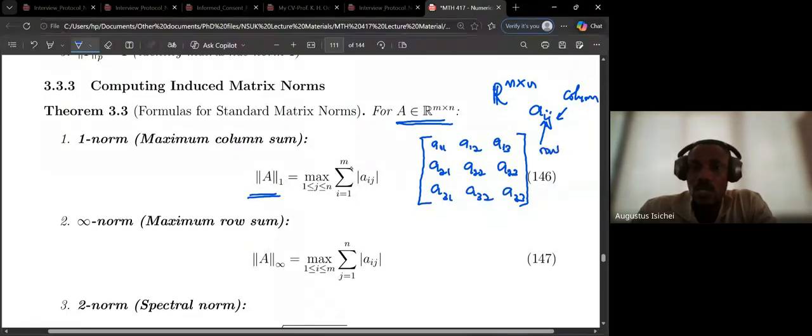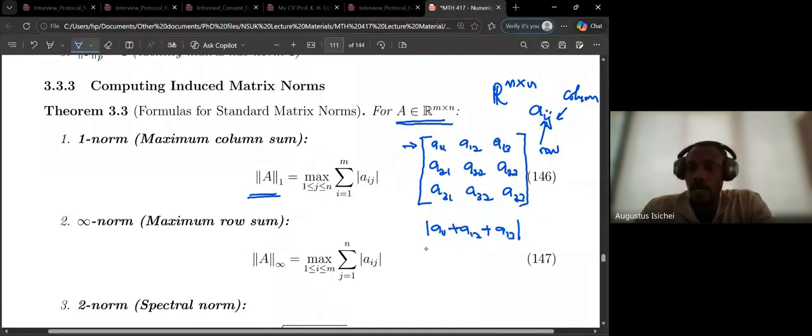So I am taking the sum with i equals 1 to m. That is, when you sum this row, a11 plus a12 plus a13, take the absolute value of this sum.